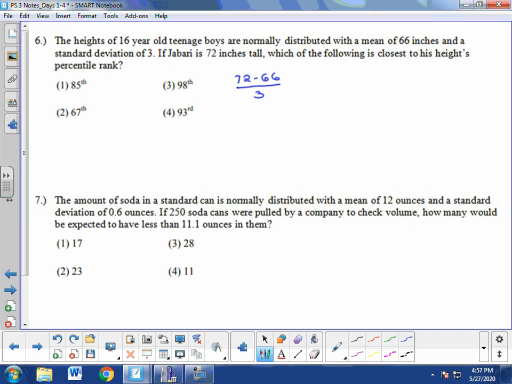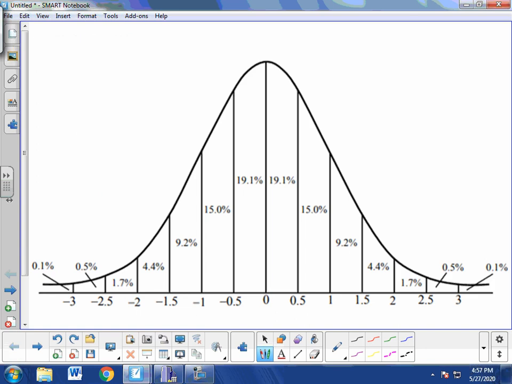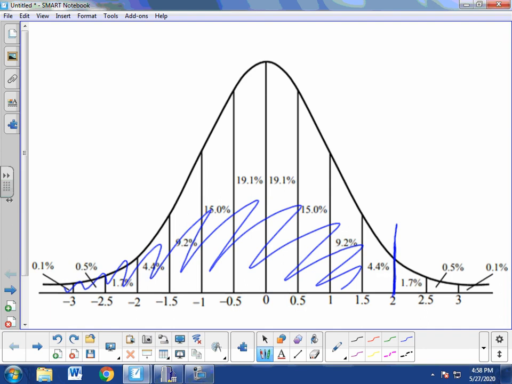Again, the reason we're dividing by the standard deviation is because this tells us how many standard deviations from the mean Jabari is going to be. And in this instance, he's going to be 2 standard deviations from the mean. So if I go over here, this is 2 standard deviations from the mean. So basically, his percentile rank is all of these percentages added together.